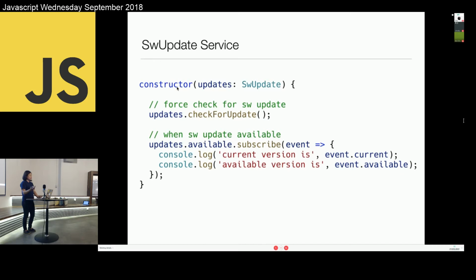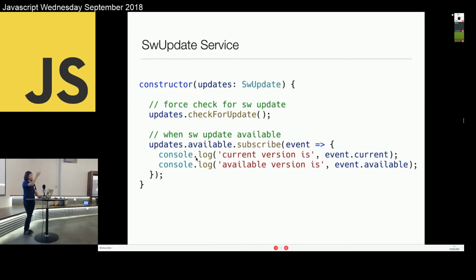To use it, you just need to inject the service in your constructor, and then call updates.checkForUpdate. It will go to your server and check the configuration file, the hash table, to see if there are any new files. If there is, when you subscribe to it, you can do anything here.